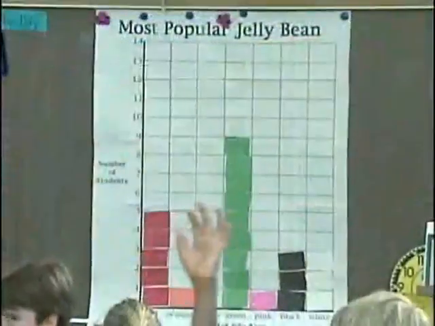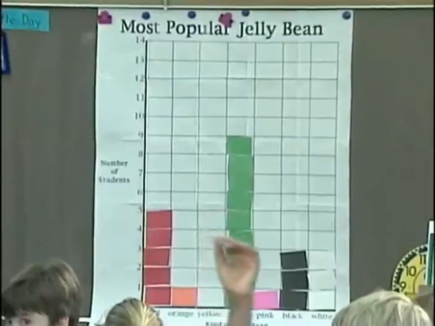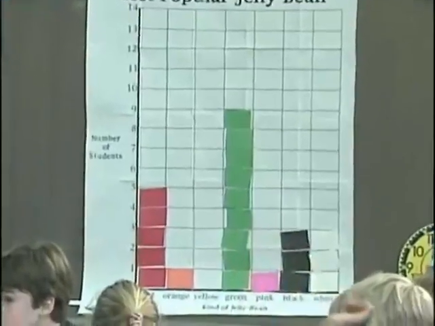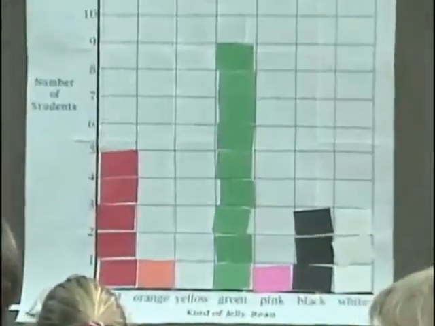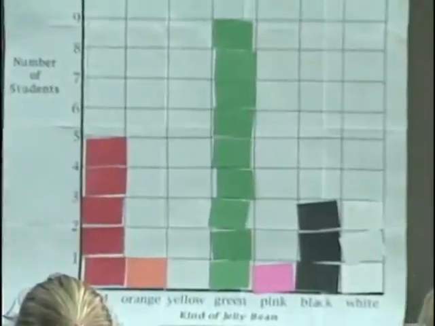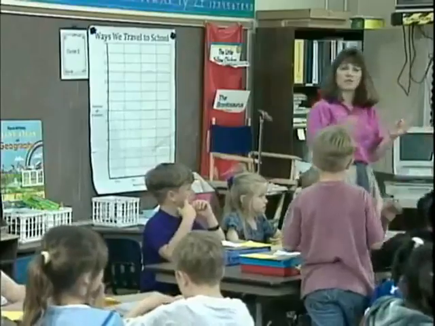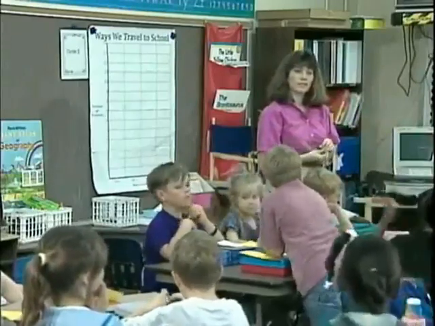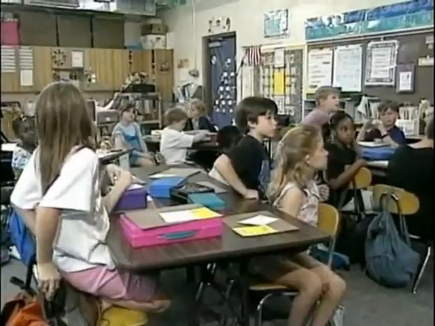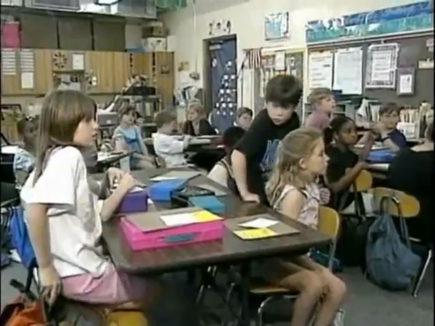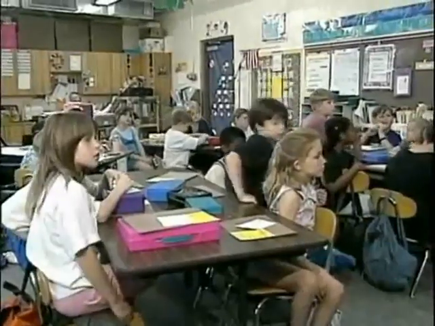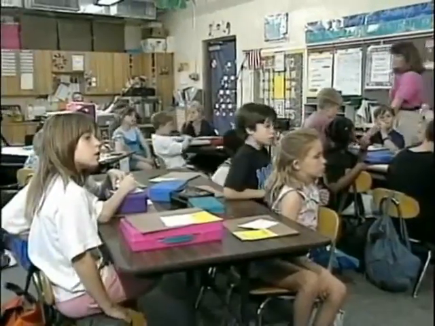Candace, what do we know? Okay, Candace said most people like the green jelly bean. Candace, how many people liked green? Nine people liked green, and how did you find that out?